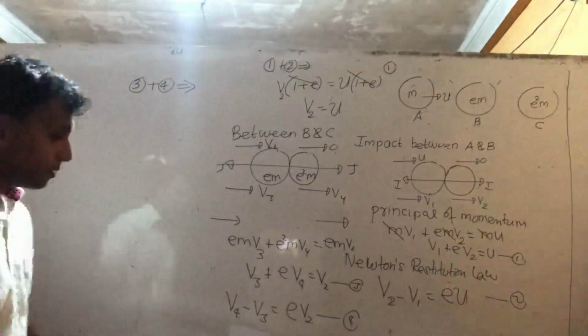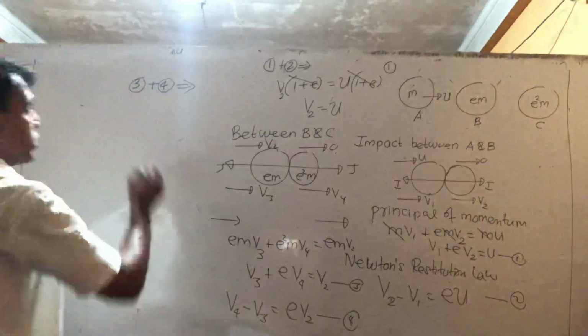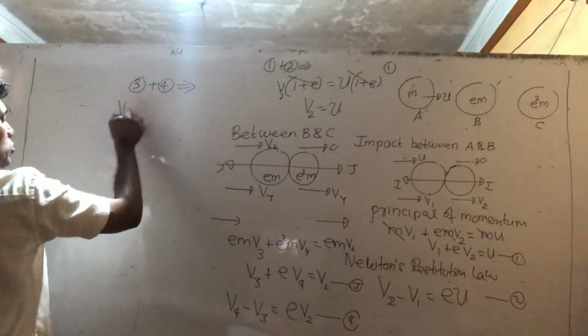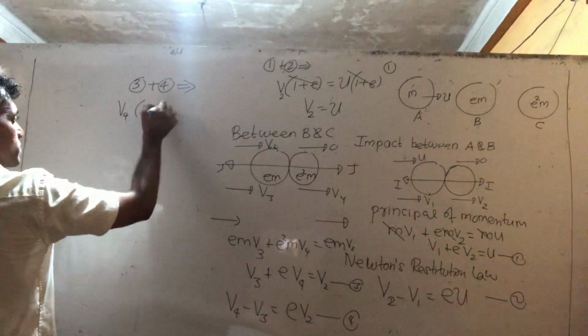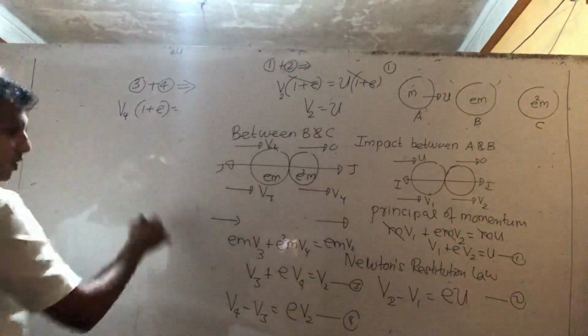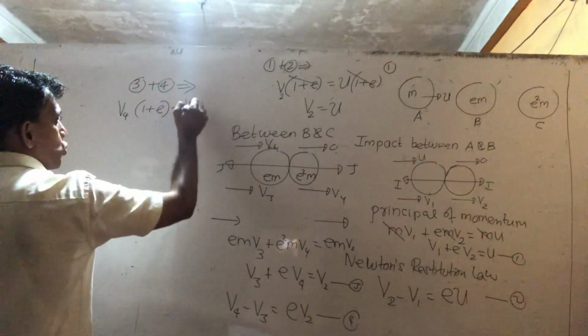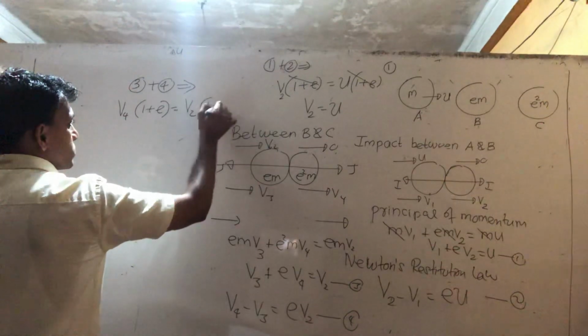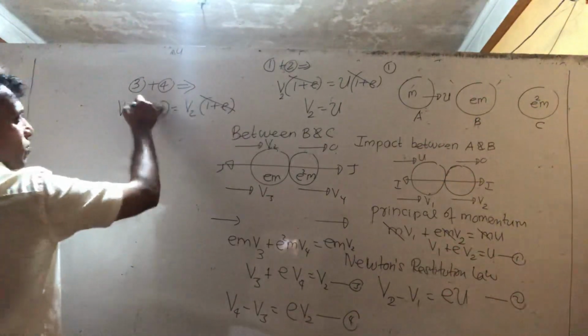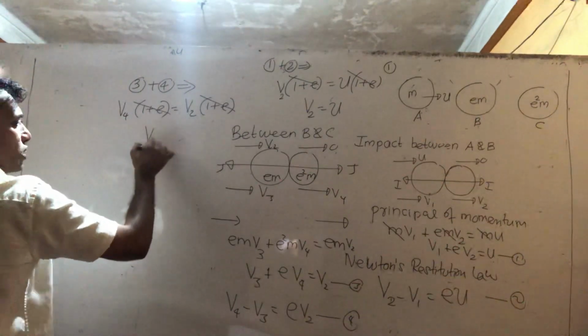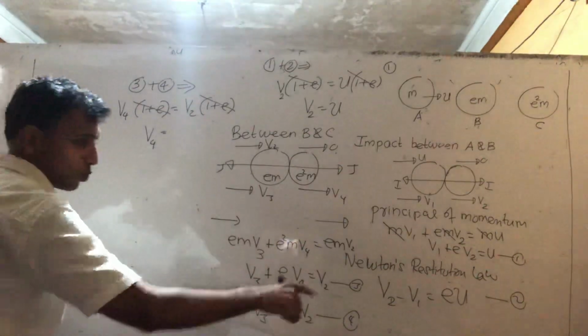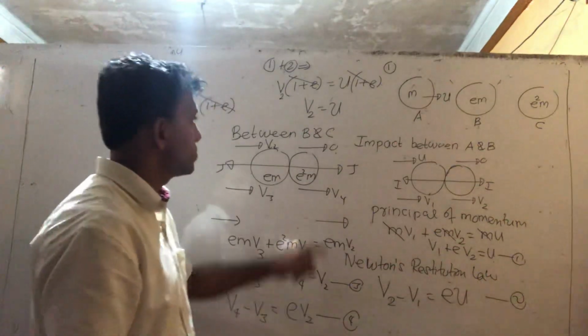At both sides v3 cancels. Take v4 out: v4 times (1 plus e) equals v2 times (1 plus e). So (1 plus e) cancels, and v4 equals v2, which is u.